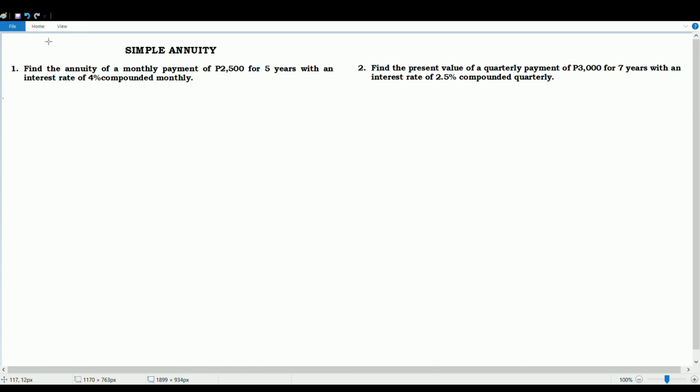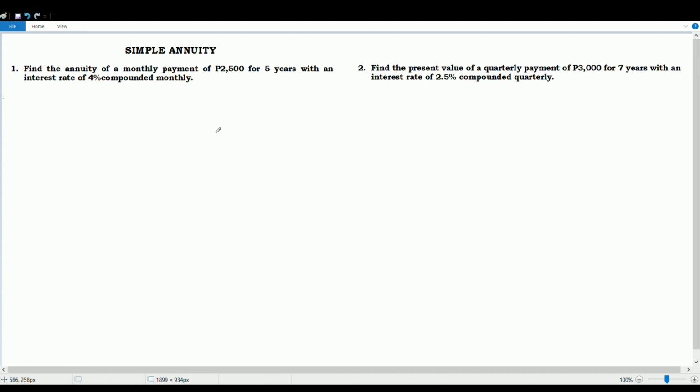So for item number 2, the question is, find the present value of a quarterly payment of 3,000 pesos for 7 years with an interest rate of 2.5% compounded quarterly. So we have to determine the present value. Let's identify first the values of the variables.